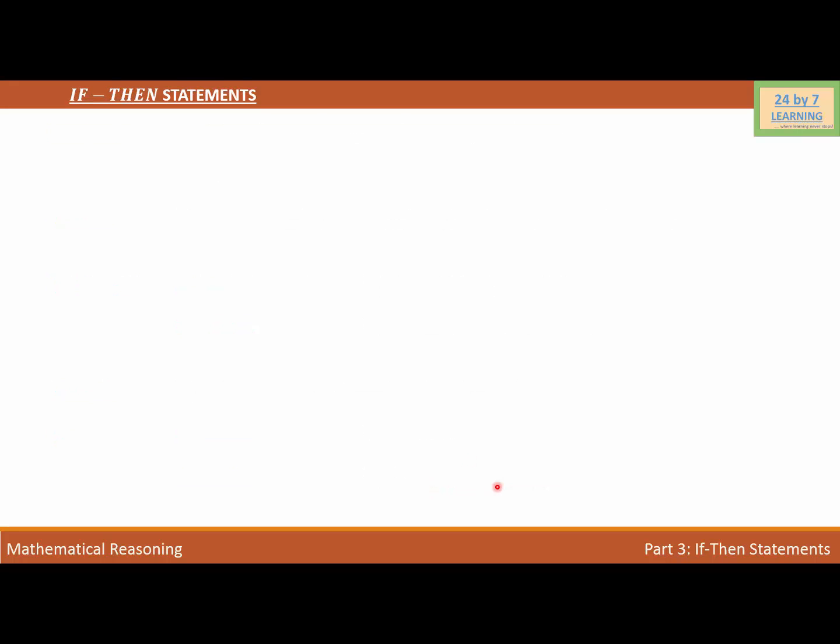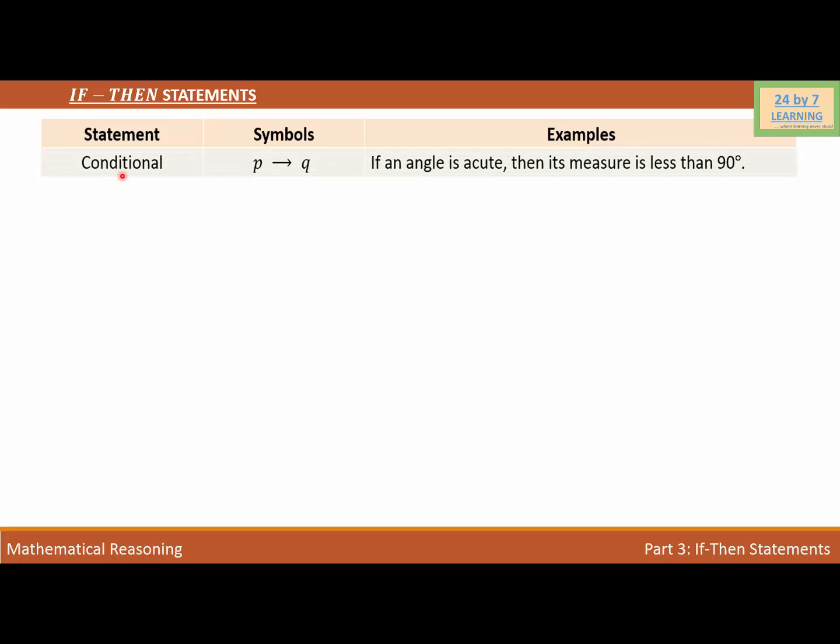Now let's consider how we can use if-then statements to write different forms of statements. So I'm going to create a table. This is my first column, which represents the statement. The second column is the symbols, and the third column will be the example. My first statement is the conditional statement.